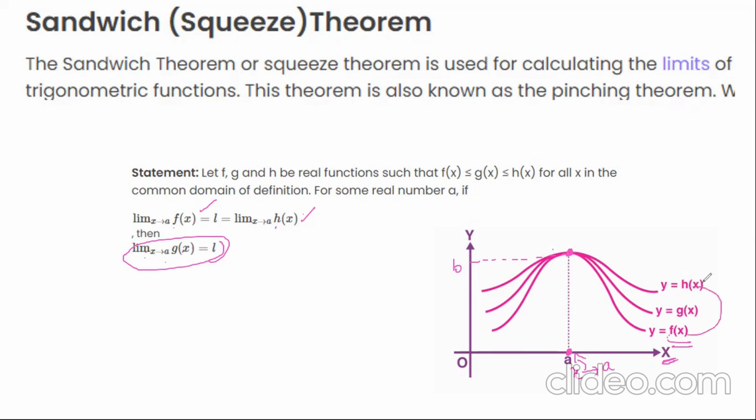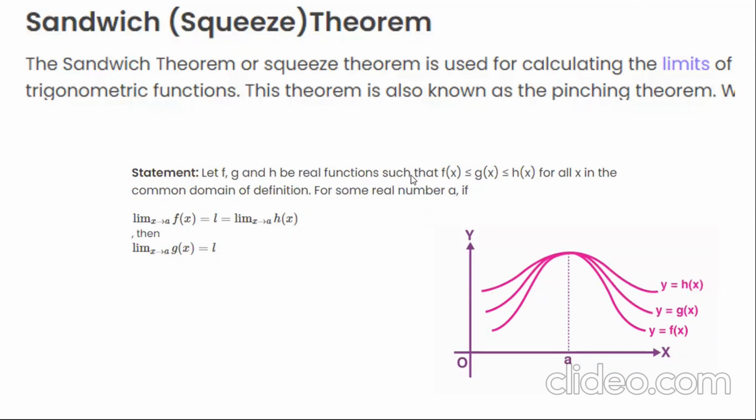If f of x and h of x both are having the same limit, definitely g of x is also having that limit itself. Why? Because g of x is the sandwich of f of x and h of x. Okay, that is the reason you are getting the same limit value for g of x. Got it? So by using this sandwich theorem, we are developing some trigonometric limits.